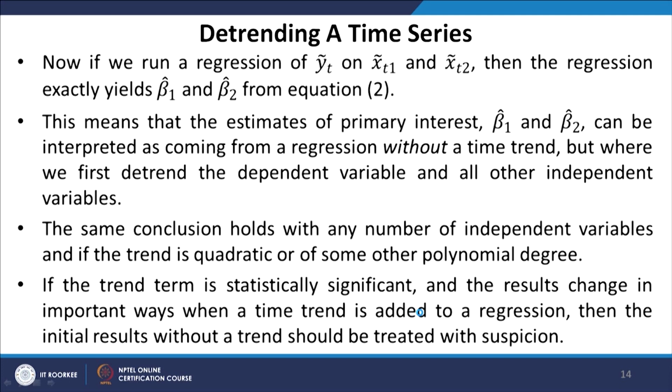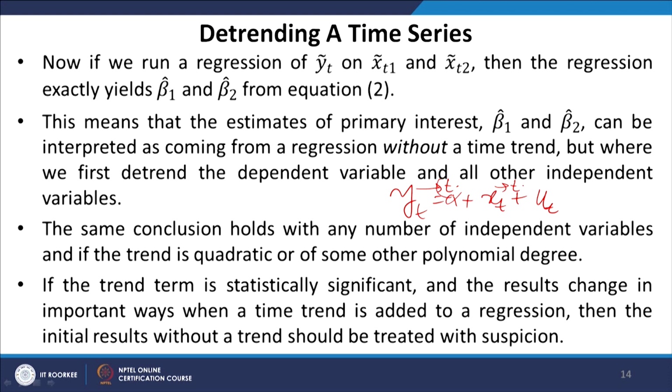Otherwise, my regression results might not be valid, simply because an important variable has been dropped from the equation. Also, it is possible that I am estimating an equation like yt equals alpha plus xt plus ut. It is possible that yt depends on a trend term and xt also has a trend component.